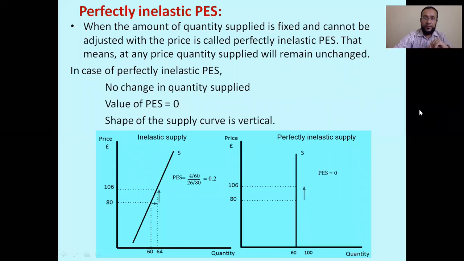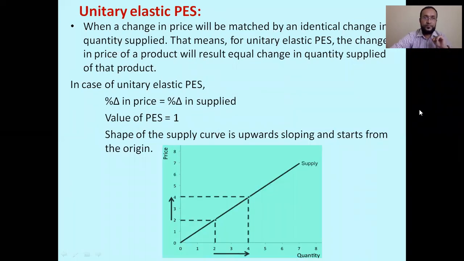Now let me move to the unitary elastic supply. When a change in price is matched by an identical change in the quantity supplied, that means for unitary elastic PES, the change in price of a product will result in an equal change in quantity supplied.